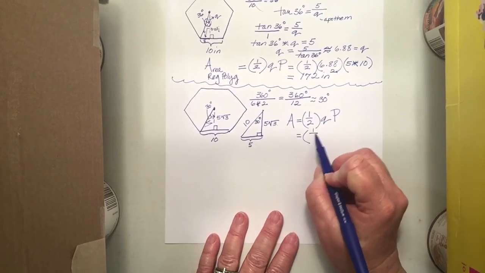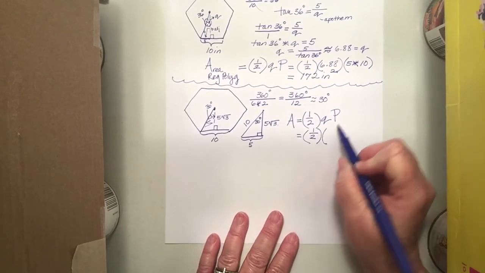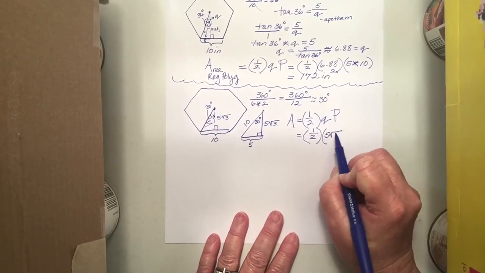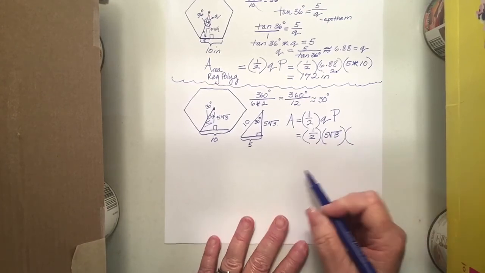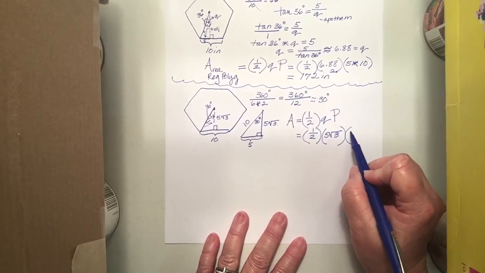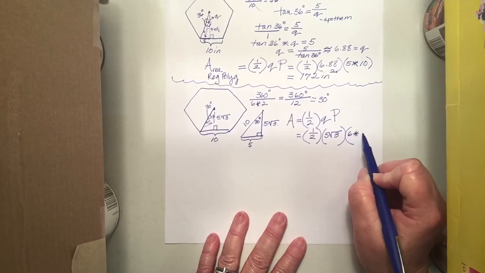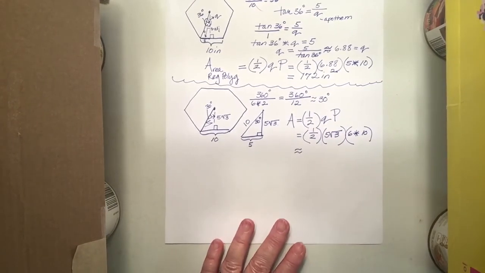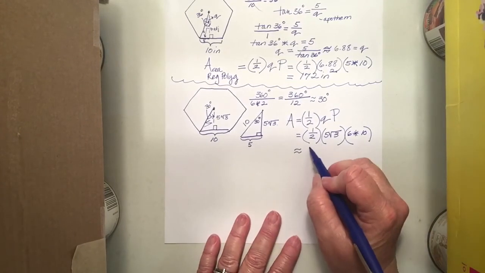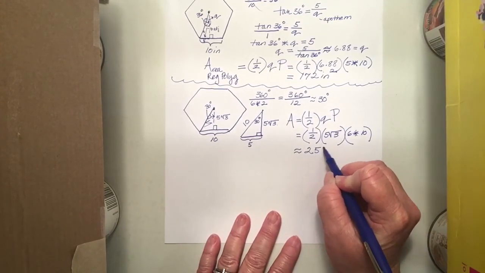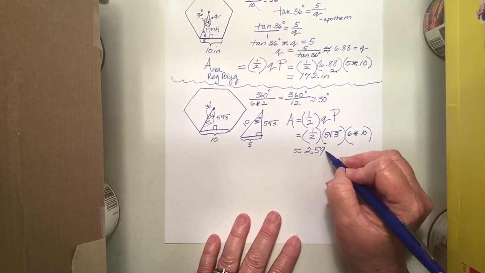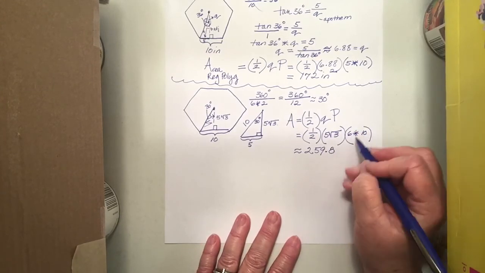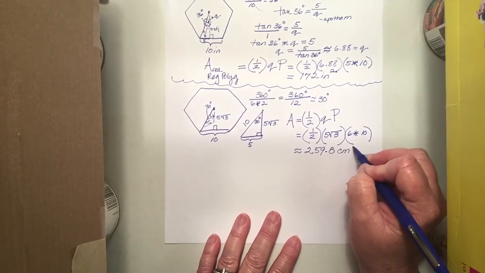So that's 1/2 times 5 square root 3 times the perimeter, which is 6 sides, and each of them are 10. That means our final answer is 259.8 centimeters squared.